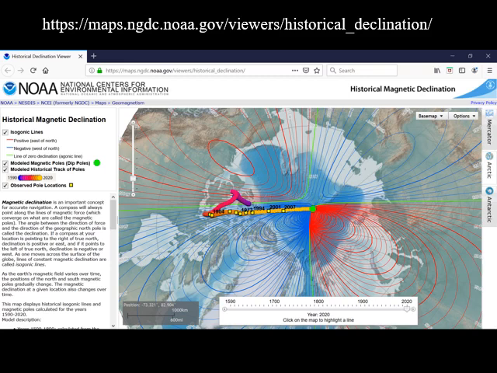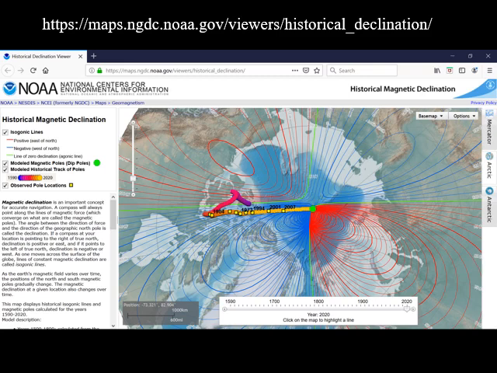This map also indicates the magnetic declination lines. They're called the magnetic isogonic lines, and they change relative to where the magnetic North Pole is. This particular image is from 2020, and you see the red lines and the blue lines. They're the positive and the negative declinations.